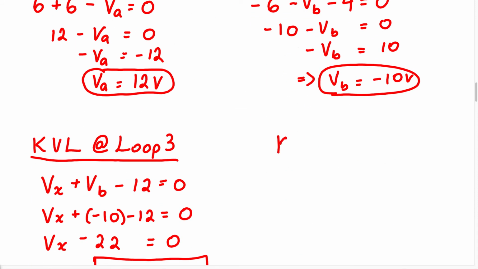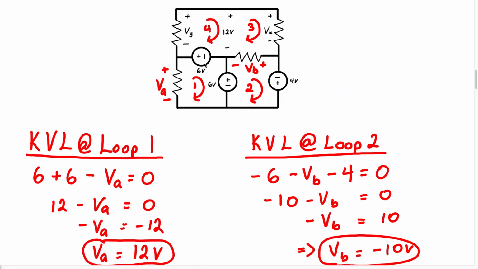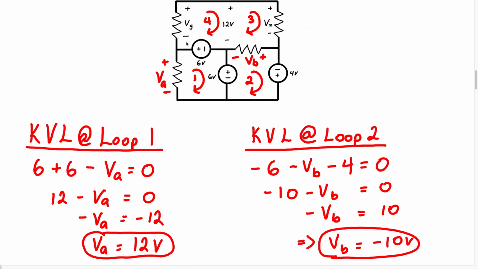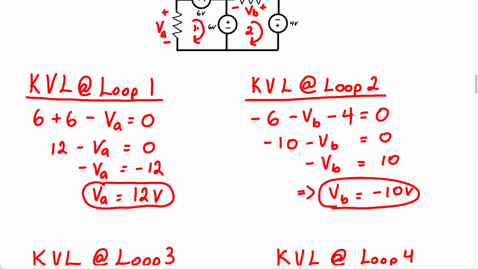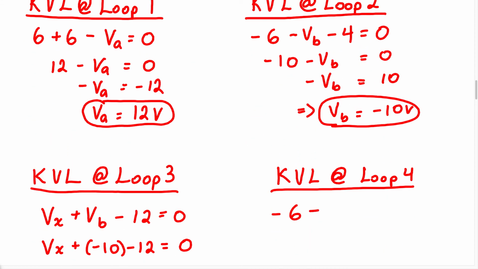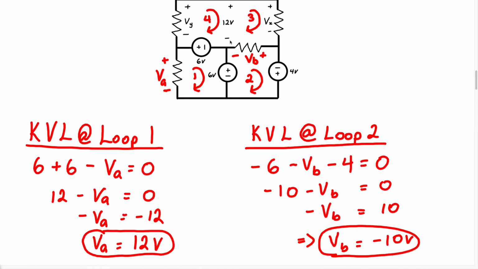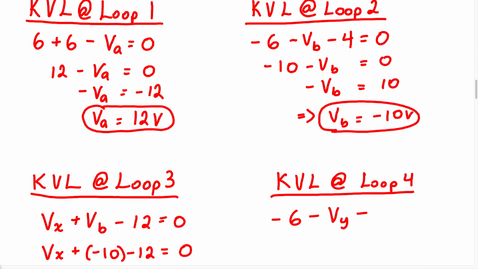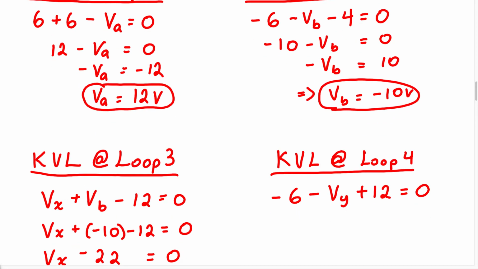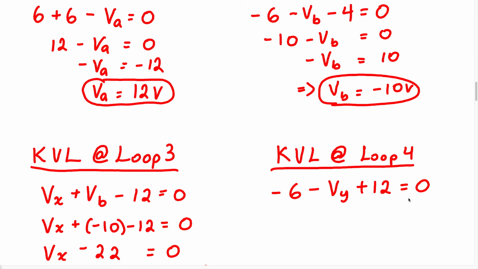So I'm going to say KVL at loop 4. As we continue to walk around, we enter this negative terminal, which is going to be minus Vy. As we continue to walk around, we're going to have plus 12 equals 0. Now, when we look at this, we only have one unknown variable, which is Vy.